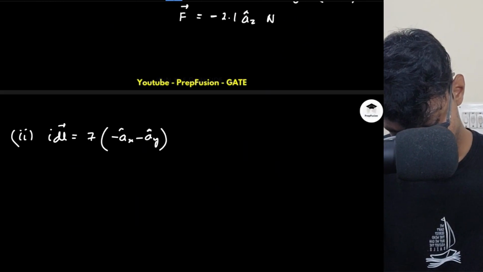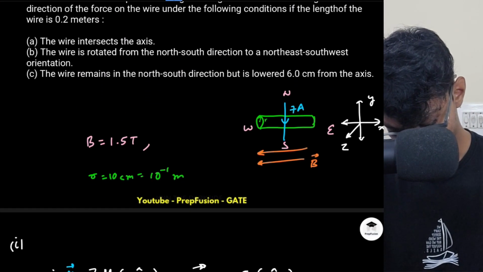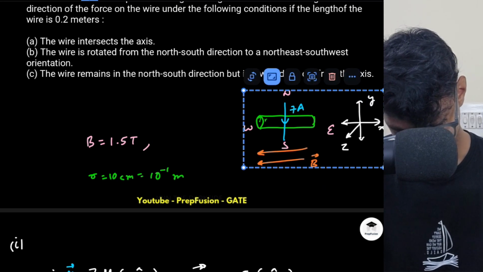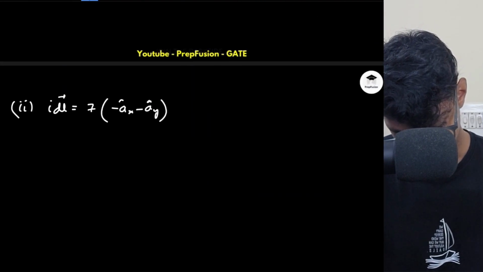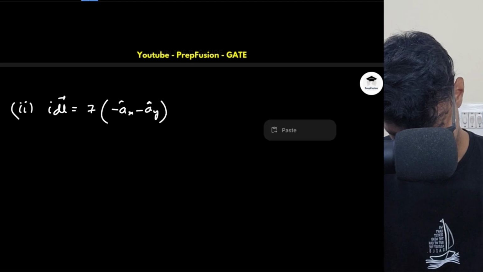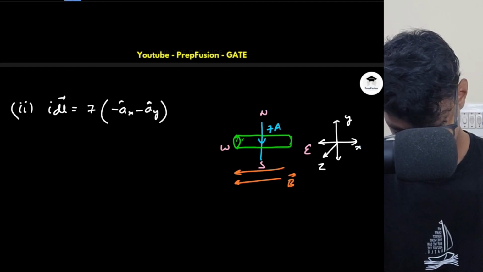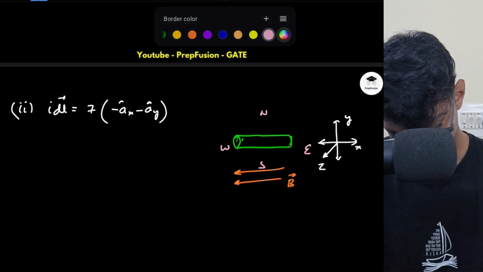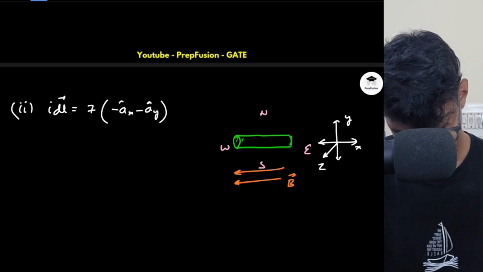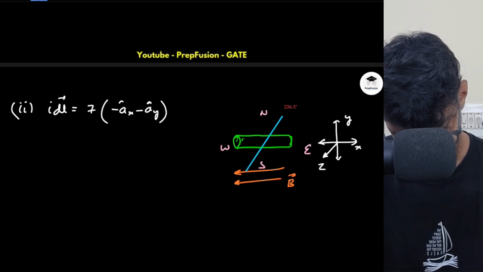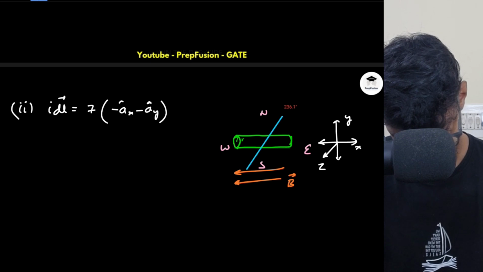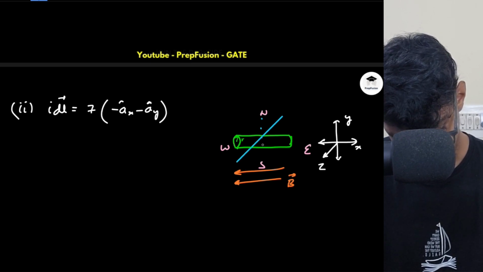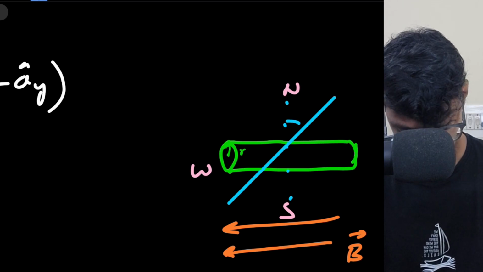So what will be the angle? I will just copy this and show you the actual angle. This is the north to south, and it will be just 45 degrees.